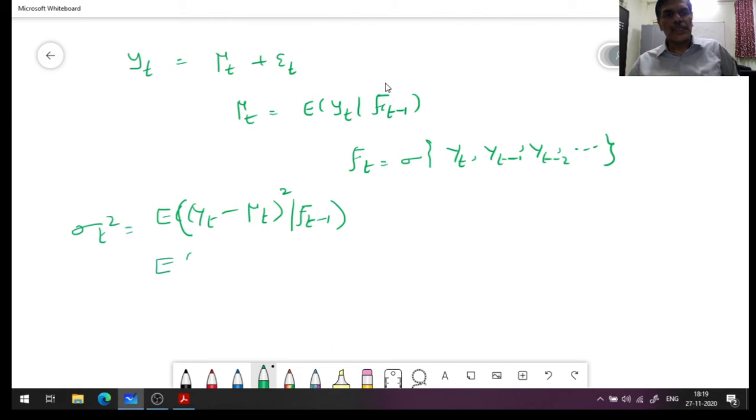Now you can see that the expected value of epsilon_t squared, we assume that this is IID.